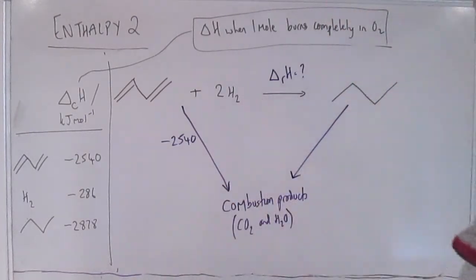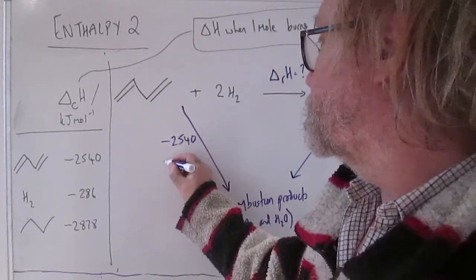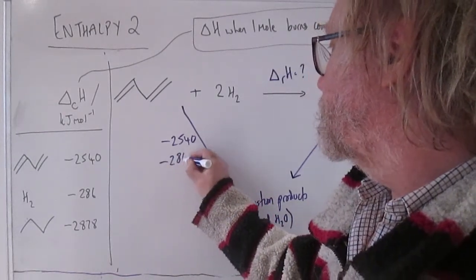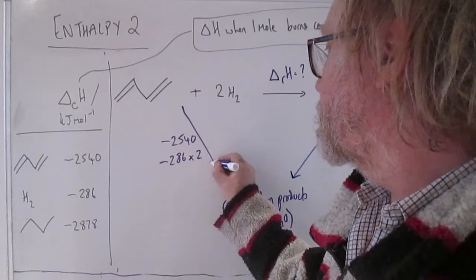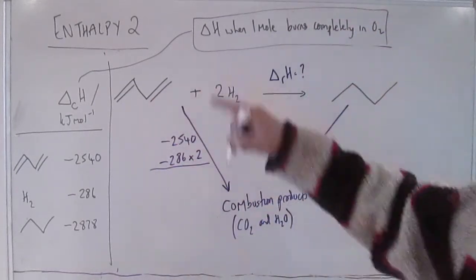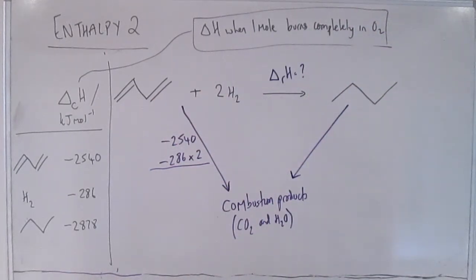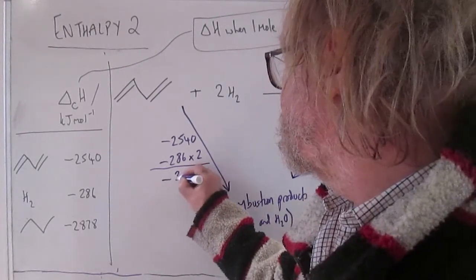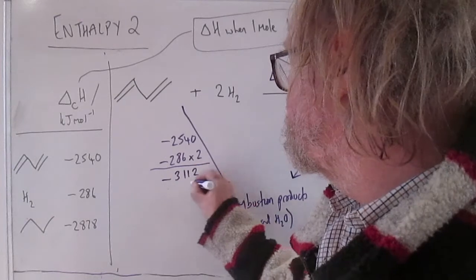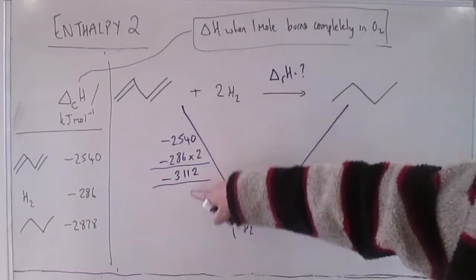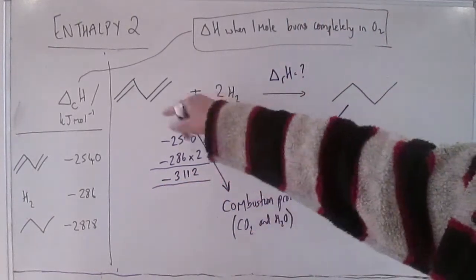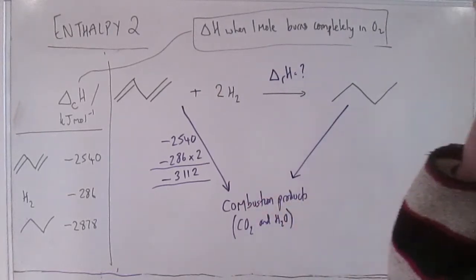And we've got 2 moles of hydrogen, so that's minus 286 times 2. So if we add that lot up for those 2 substances burning, we get minus 3112 kilojoules per mole. Very exothermic, negative number, which is what you'd expect for a burning reaction.